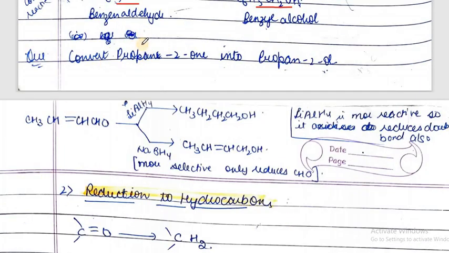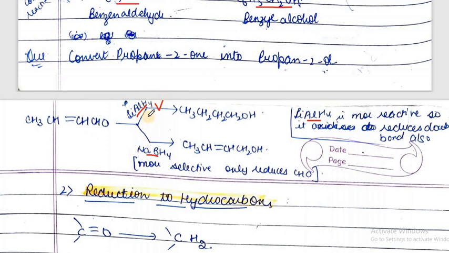There's one main difference between the two reagents, that is lithium aluminium hydride and sodium borohydride. Both are used for reduction, but lithium aluminium hydride is more reactive, and the other is more selective. Lithium aluminium hydride is more reactive and less selective.